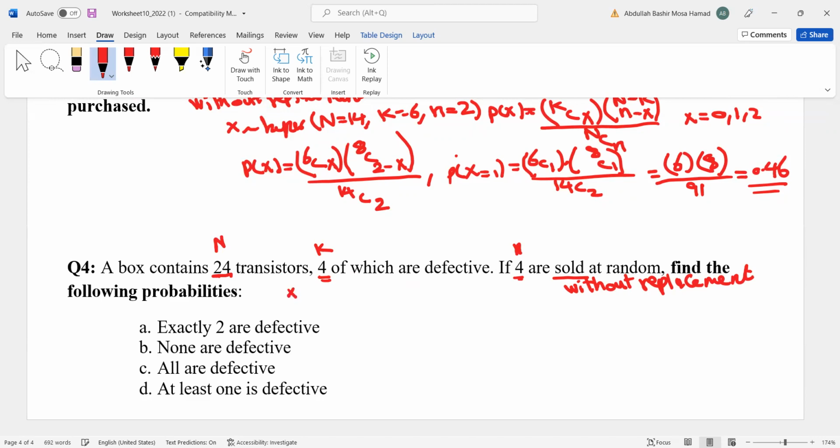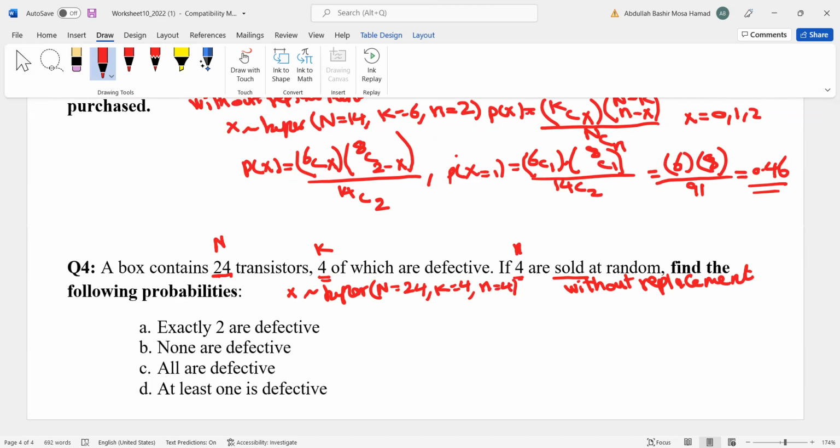So we write X distributed hypergeometric with N equal 24, K equal 4, n also equal 4.